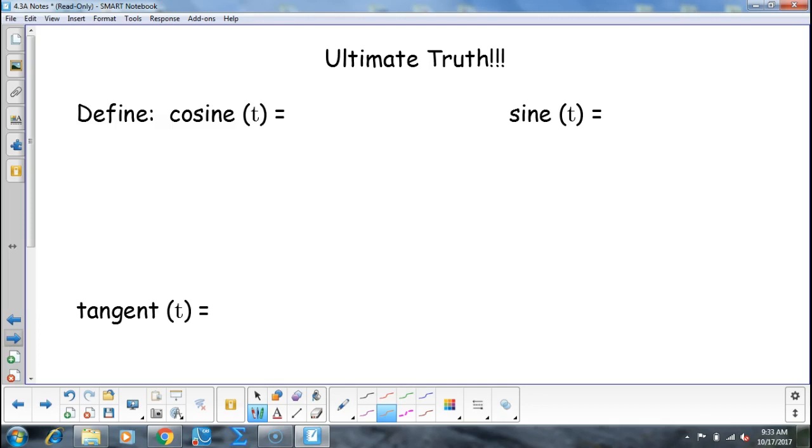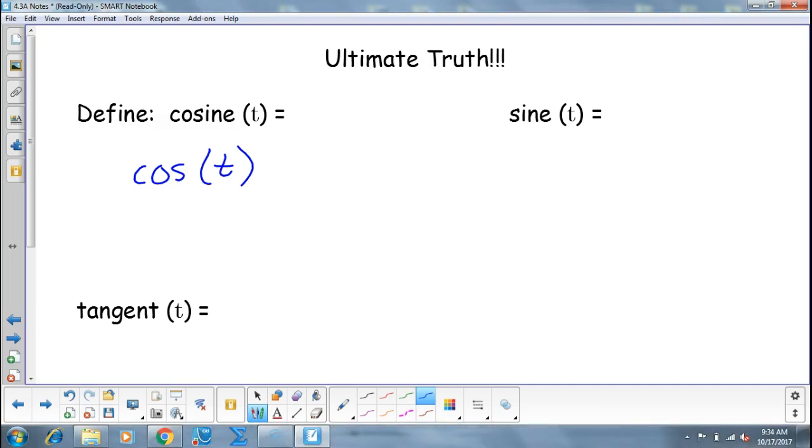So the first one is cosine. The abbreviation for cosine is COS, but you still say cosine. You don't say cos or cost. I'll look at you funny. You say cosine of t.